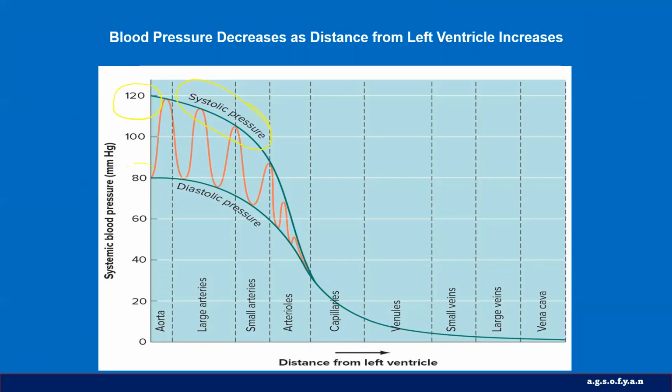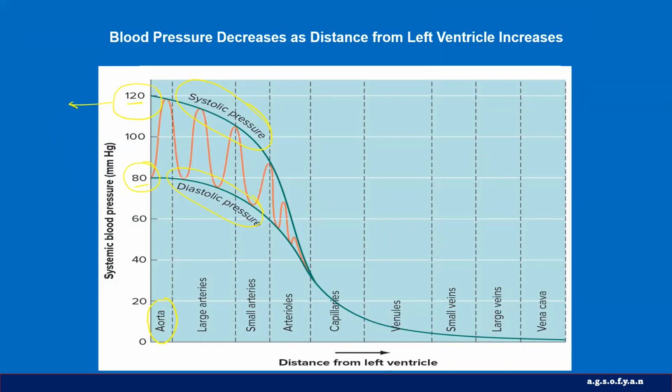And the lower number will be this one, which is the diastolic pressure. Again, most of this higher pressure comes from the arteries, the aorta for example, and some other arteries will reach the highest pressure around 120 for a normal person, and the lower pressure is 80.